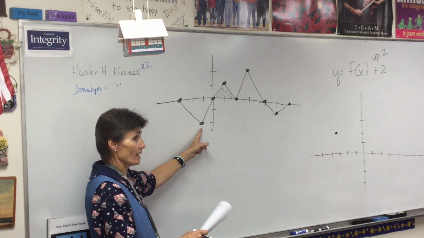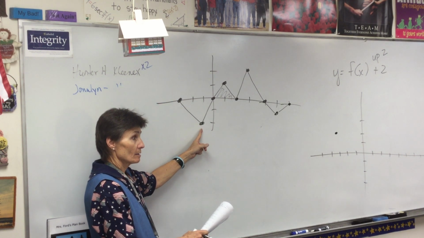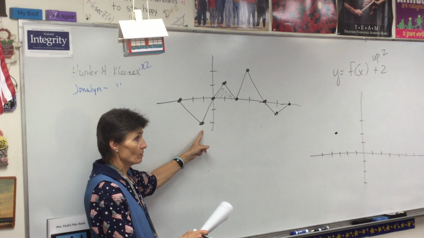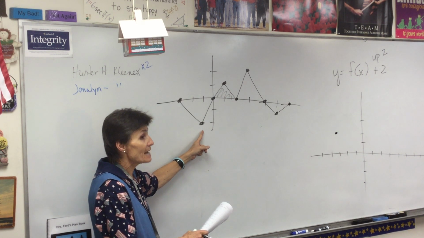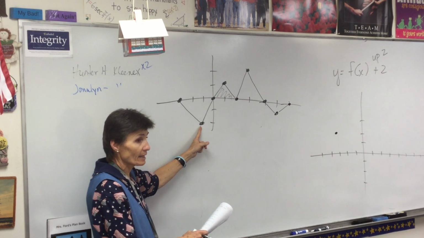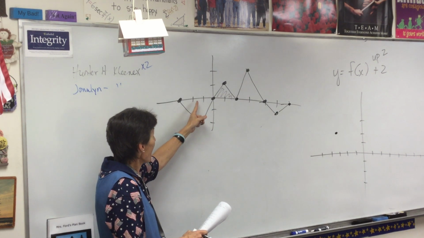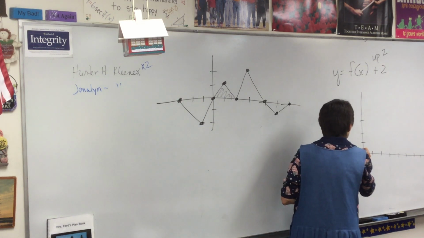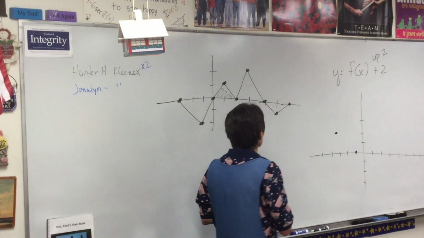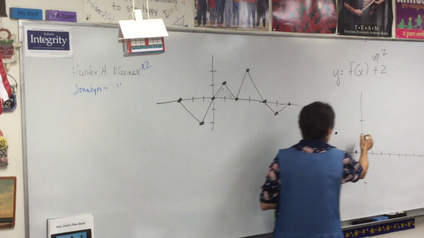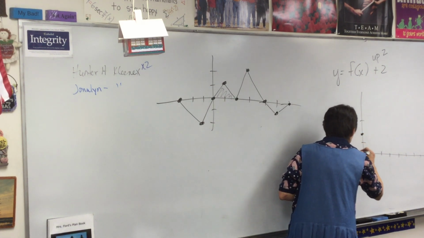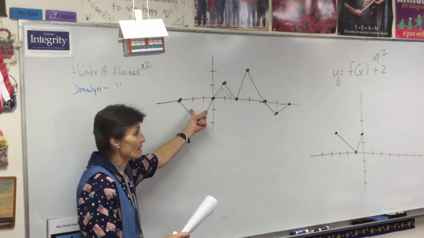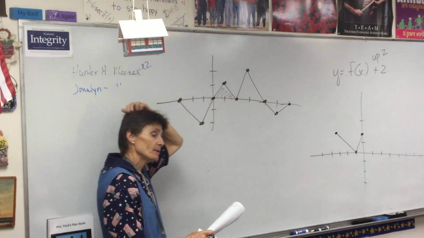Now this one, wait, where is it right now? It's at -2. So what's going to happen if it goes up 2? It's going to be right on the axis. And then that's going up 2. So here is my first triangle. That triangle right there has been lifted up 2.